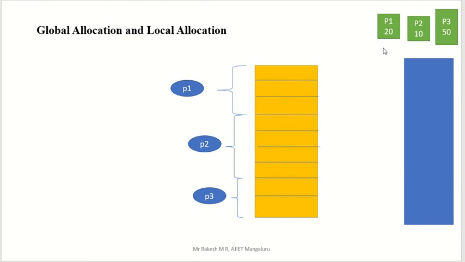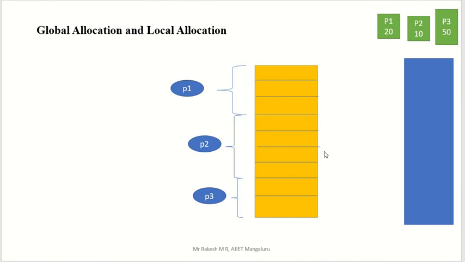We can't load a P1 page in other free frames. If any frame is free in P3, we can't load a P1 page in the P3 frame, because this is not global, this is local. P1 can use only these 3, and any other free frames it can't use. If 4 frames are allocated to P2, they are used only by P2.